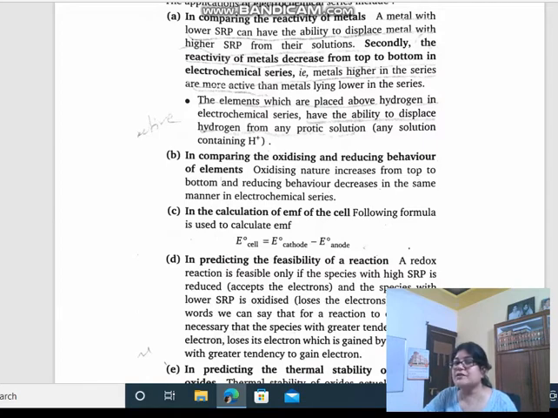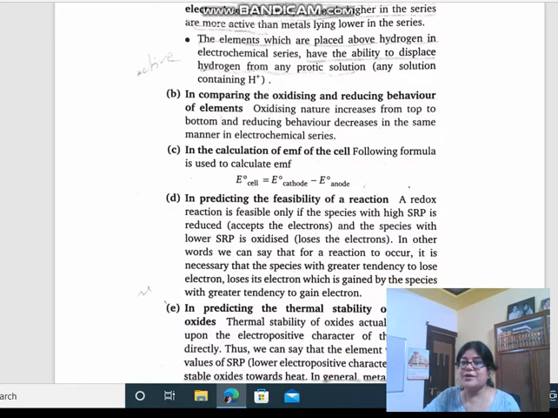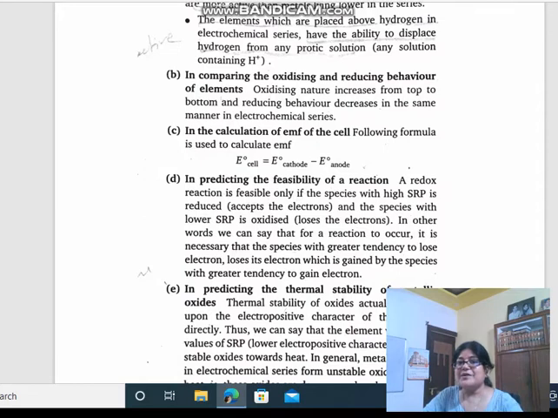You just take the R. So when we move in the electrochemical series, reactivity decreases, reducing power decreases. So now it's easy. Please note my words here: reducing property decreases when we move in the electrochemical series and reactivity decreases when we move in the electrochemical series.